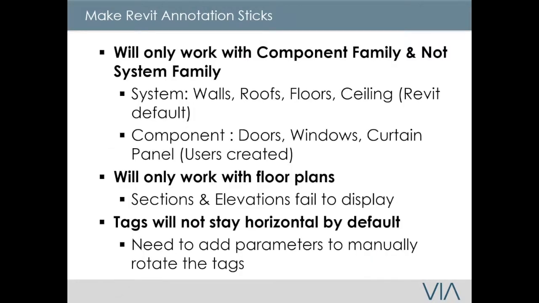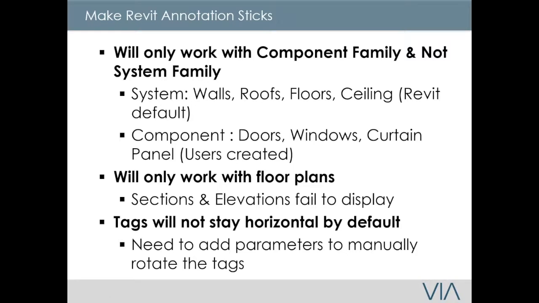It would not work with system families like walls, roofs, floors, and ceilings. I wish it could, but unfortunately it only works with doors, windows, curtain wall panels, and anything that's user created. The other thing to think about is that these embedded annotations will not show up in elevations and sections, only on plan.